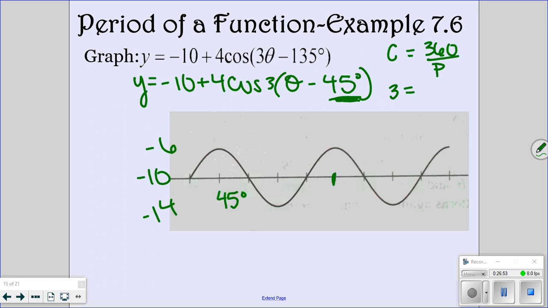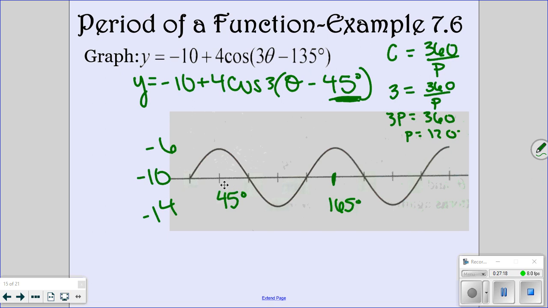So 3 equals 360 over P. So 360 divided by P, we can multiply by P and then divide by 3. And so your period would be 120 degrees. So to go from 45, we're going to add 120, and we're going to get to 165 degrees.